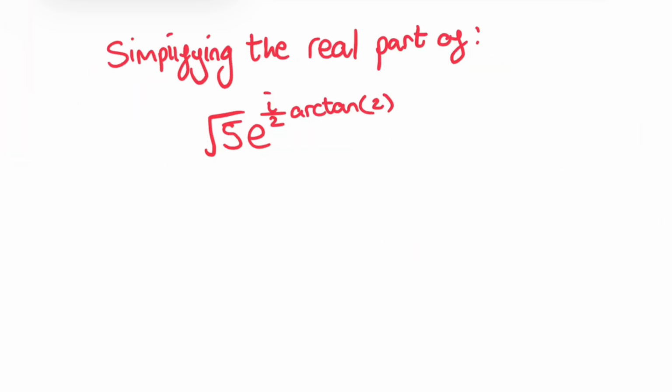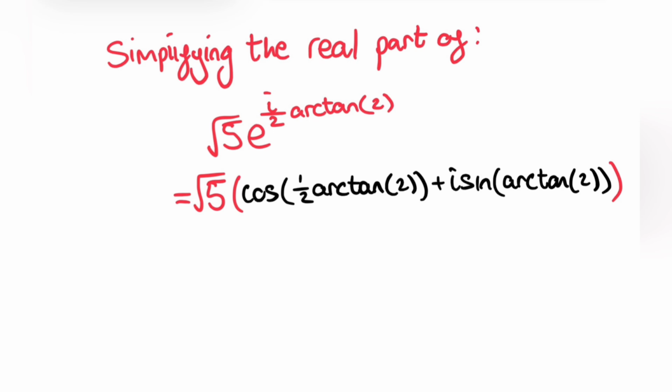Now it's our job to actually find what on earth this number is, what the square root of 5 e to the i over 2 arctan of 2 is. What on earth does this simplify to? Now let's not forget, we're only interested in the real part of this complex number. So the first thing that we're going to do is use Euler's formula again and rewrite this as root 5 cosine of a half arctan of 2 plus i sine a half arctan of 2, which it appears I actually forgot to write down the half here, but it's supposed to be there.